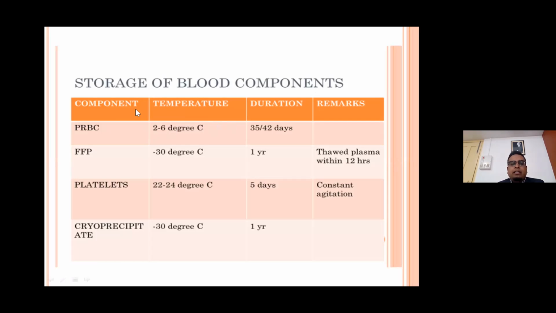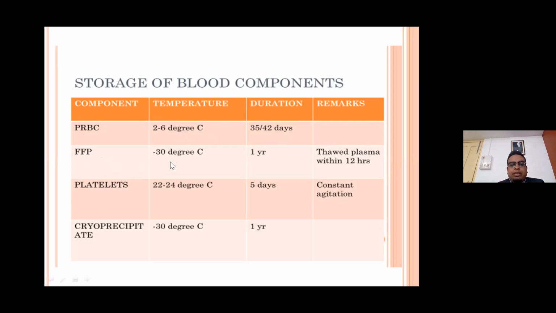Storage temperatures are different for different components, and that is what I wanted to say in one of my previous slides, that when we separate the whole blood into different components, it allows the components their optimal survival. We see here that PRBCs or packed RBCs have a storage temperature of 2 to 6 degrees centigrade and a shelf life of 35 or 42 days, depending on whether it is stored with a nutrient solution or not.